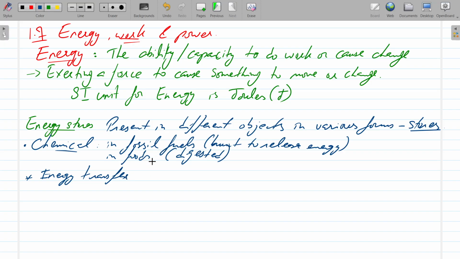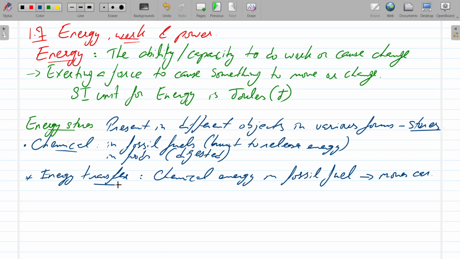So that chemical energy in fossil fuels, for example, such as the petrol in your car, is burnt in the engine, and that produces motion in the motor, which turns the whole system, gets your wheels moving, which gets the car moving.